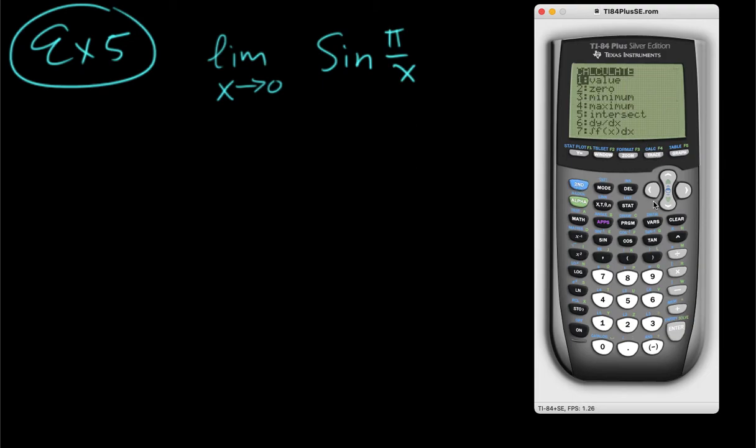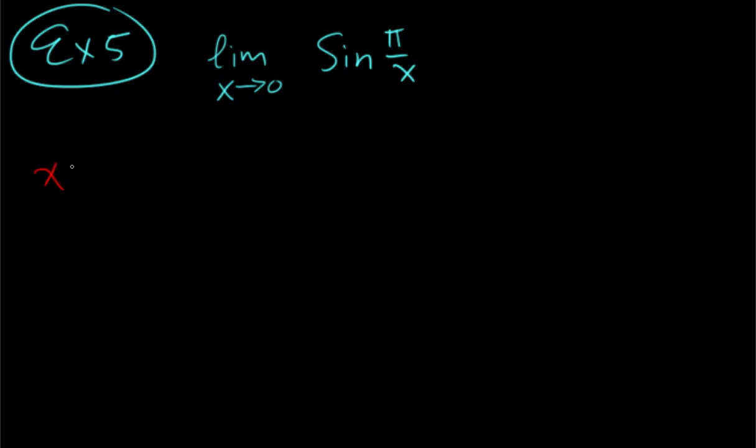We know it's not going to work out though, but if we plug in x equals 0, there is no y value. Okay, so now we need to test it from the left and the right. So x approaches 0 from the negative side, x approaches 0 from the positive side.